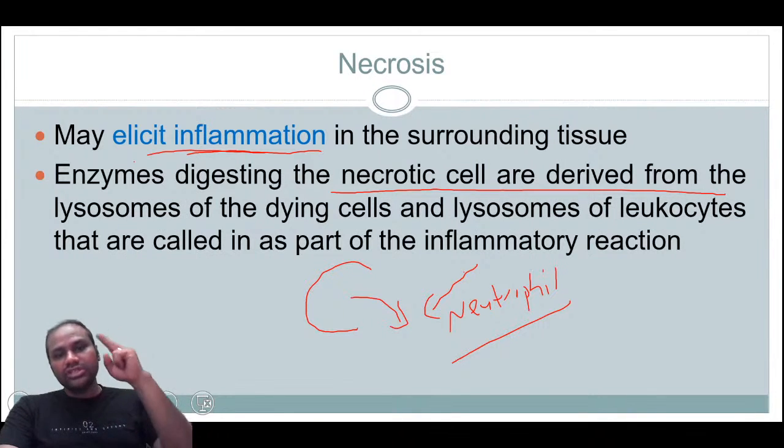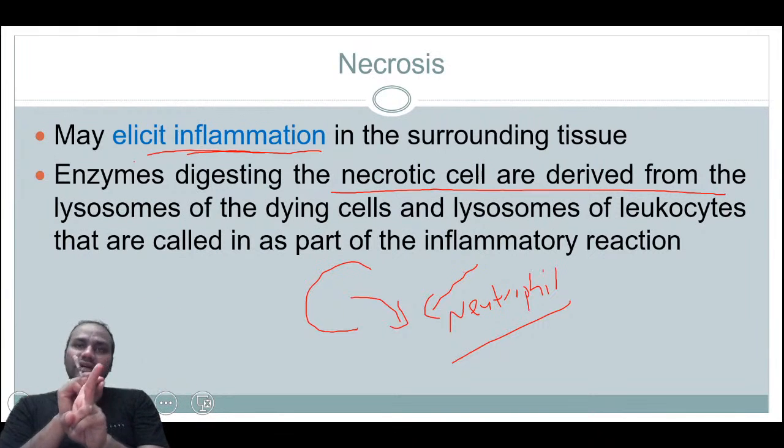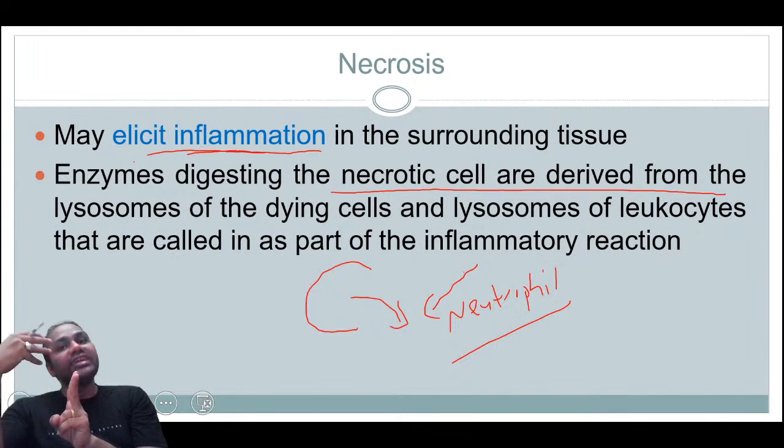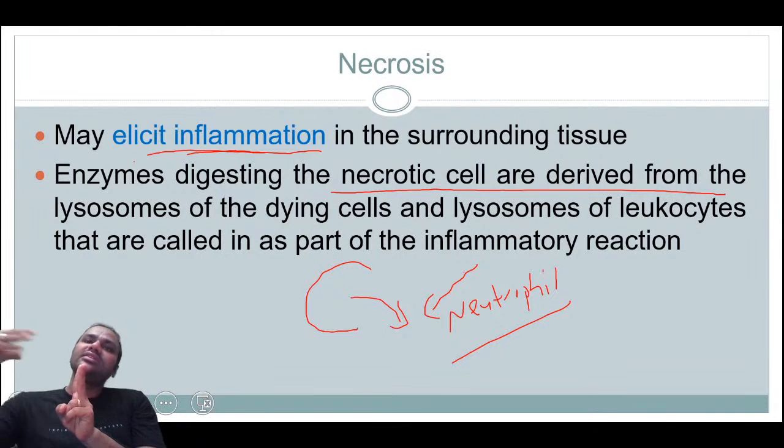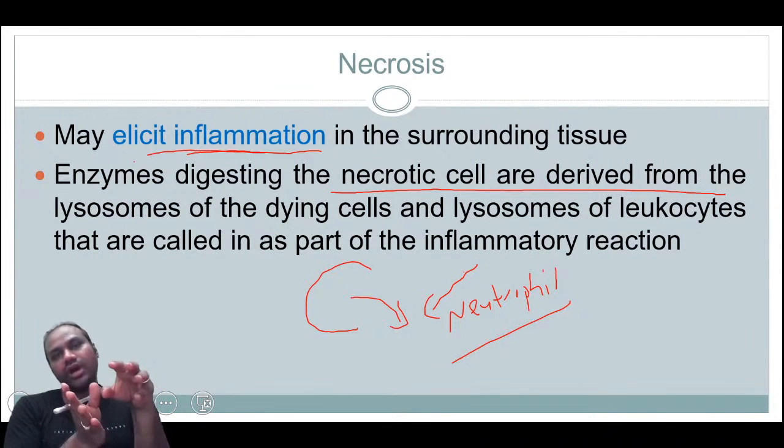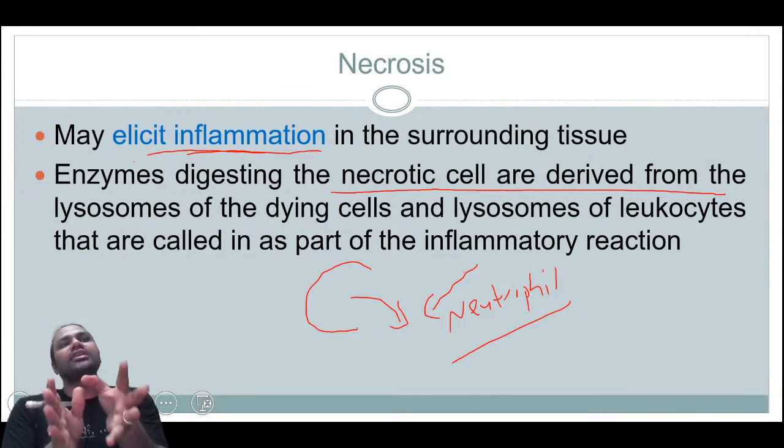So in necrosis, the cell's components are digested in two ways: one, by the lysosomal enzymes of the cell itself, and another, by the lysosomal enzymes secreted by the leukocytes. So leukocytes are helping, and the cell itself is also helping.